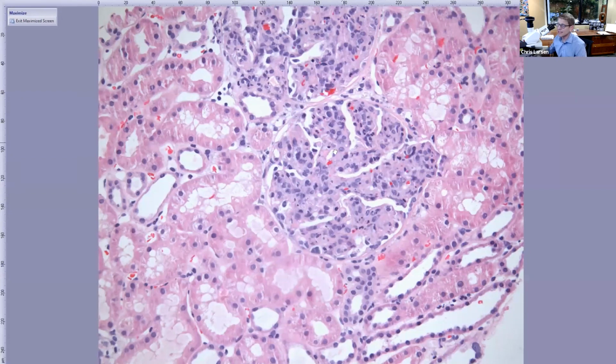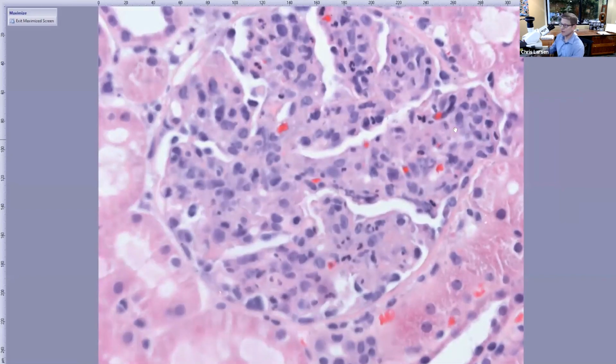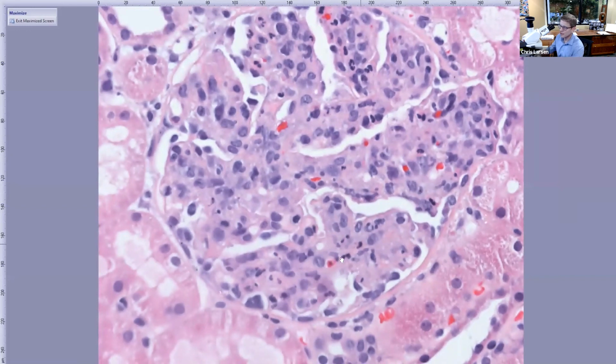All you can see are cells. And when you focus in on a higher power, you can even pick out different types of cells. These are polymorphic leukocytes: a neutrophil, probably an eosinophil, lots of neutrophils, monocytes, swollen endothelial cells. So we have a very hypercellular glomerulus.